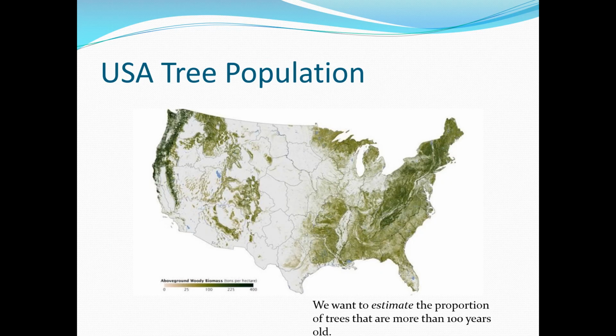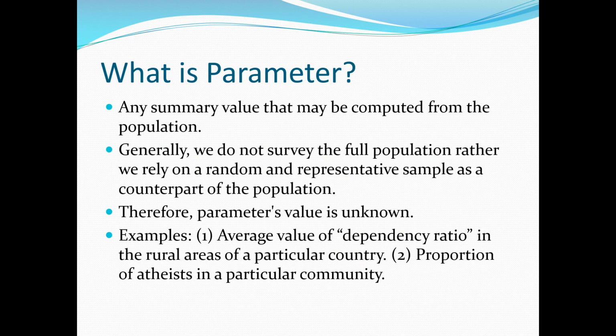Okay, let's say we have this image of tree population in the USA, and we want to estimate the proportion of trees that are more than 100 years old. So the required parameter is the proportion of trees that are more than 100 years old. Now what is a parameter? Any summary value that may be computed from the population.